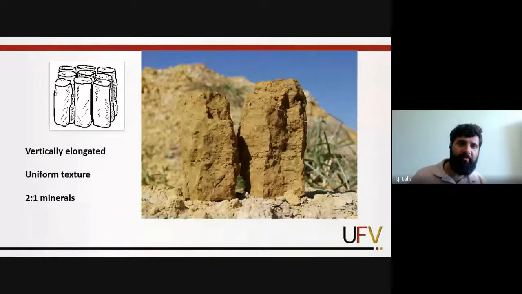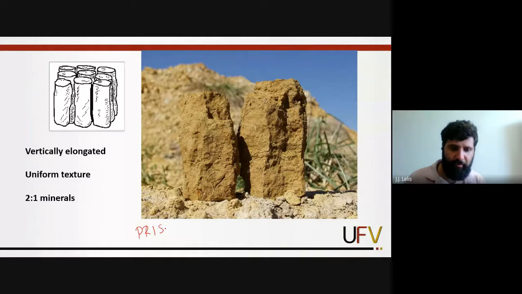The prismatic pads. They are vertically elongated bodies that we can see. They are very common in materials that have a lot of 2:1 minerals.